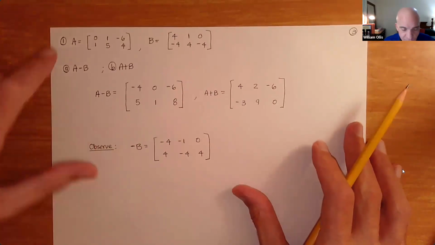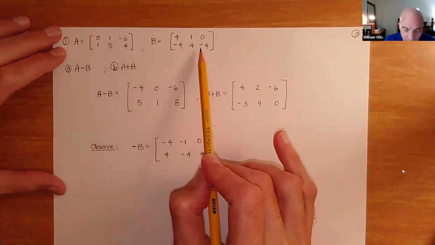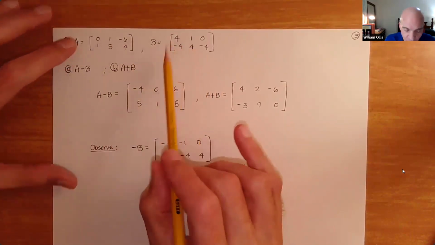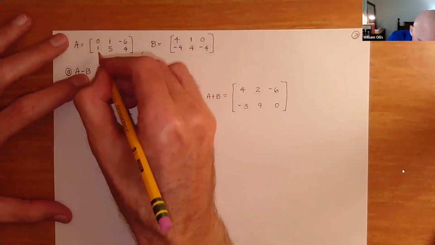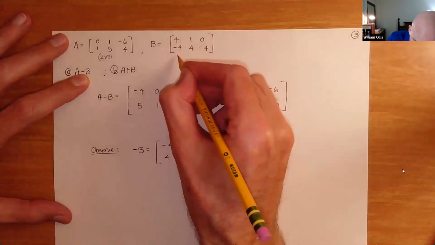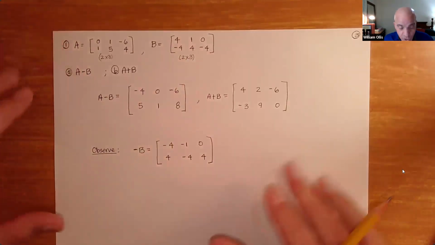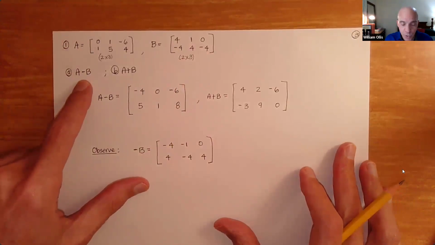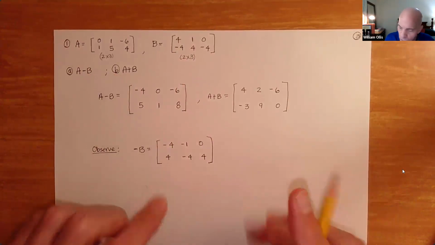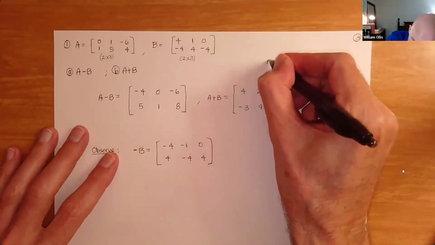Now, in this particular example from your lecture notes, you just have two matrices. And notice here, these matrices have the same size. You have 2 rows and 3 columns. So this is a 2 by 3. And this is also a 2 by 3. So it would make sense to subtract them and to add them. Now notice what I did here. You can always think of subtraction as plus a negative.